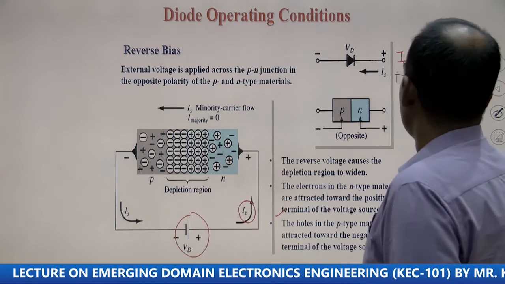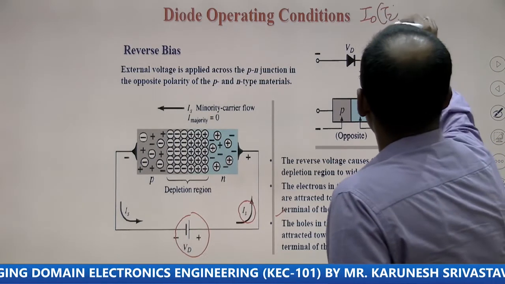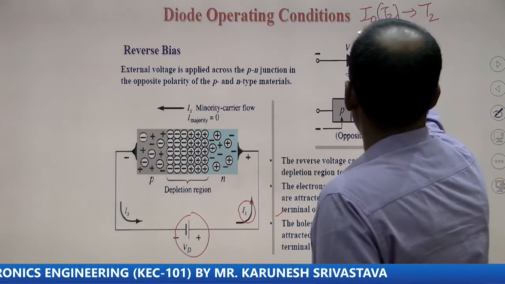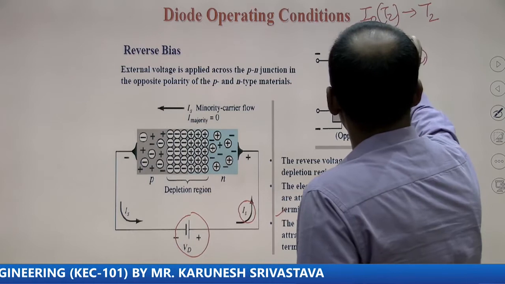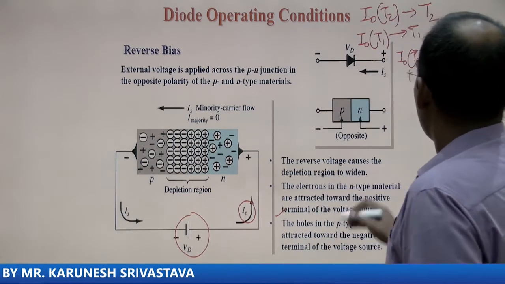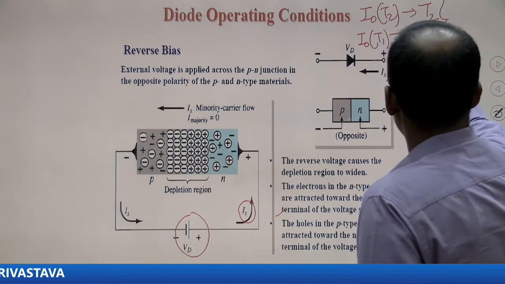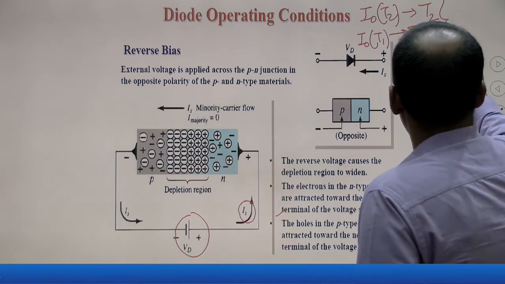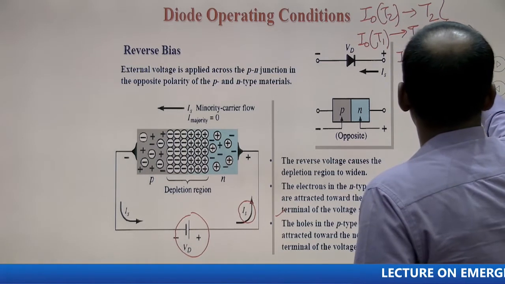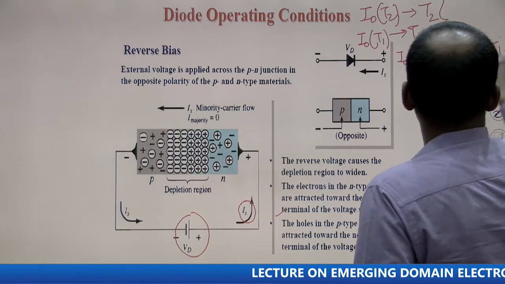Suppose I naught T2 is the current at temperature T2 and I naught T1 is the current at temperature T1. So what will be the relation between these two currents? The relation can be given as I naught T2 is equal to 2 raised to the power (T2 minus T1) by 10, times I naught T1.